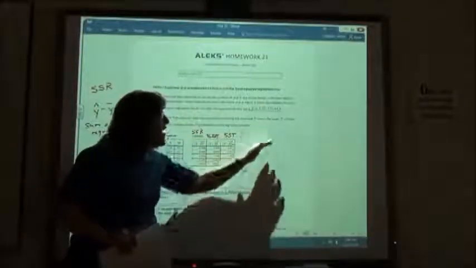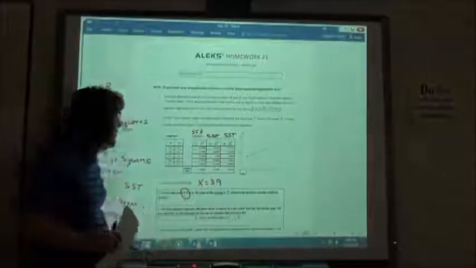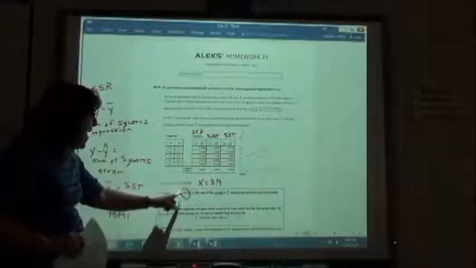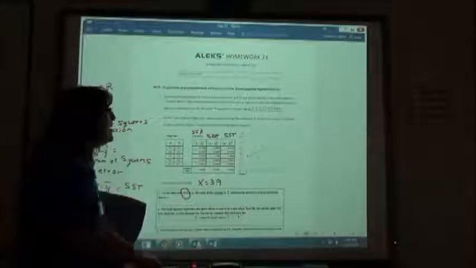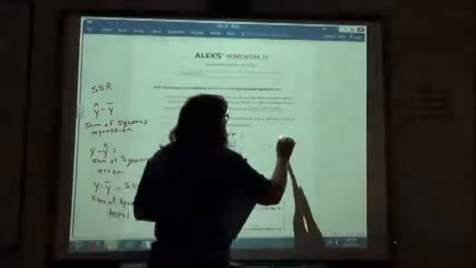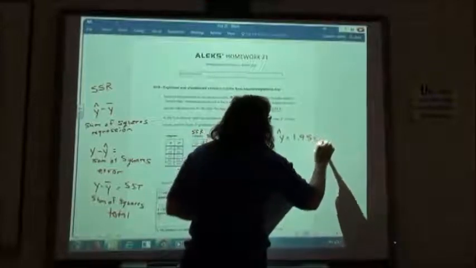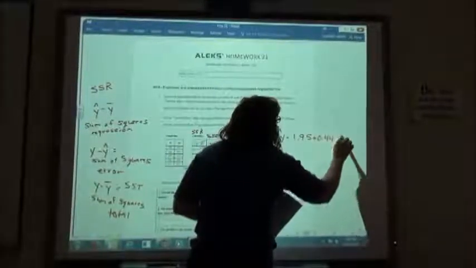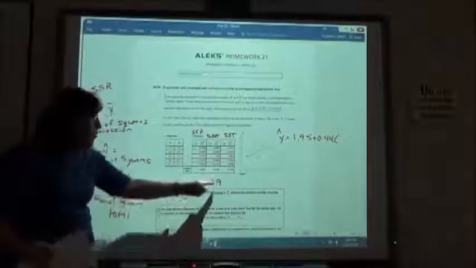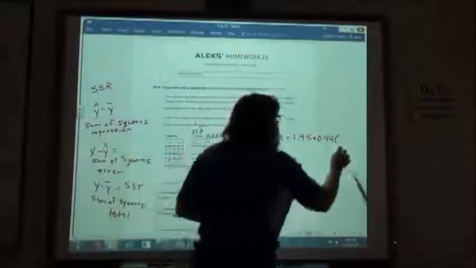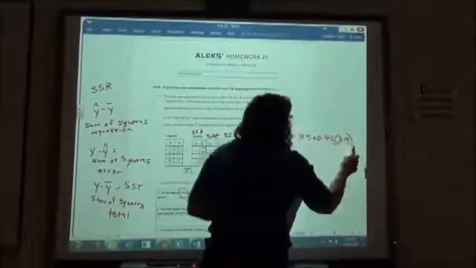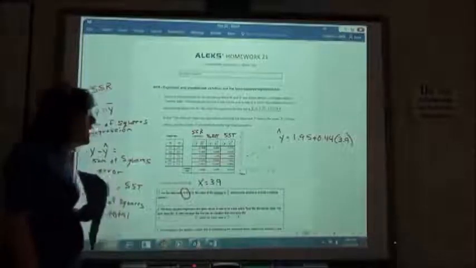But if you put this into your equation for your line of best fit, what value do you get? So you're going to take the number for the x value of that data point, plug it into your equation. So y hat is going to equal 1.95 plus 0.44 times that x value, which is 3.9. And then you're just going to do that calculation.